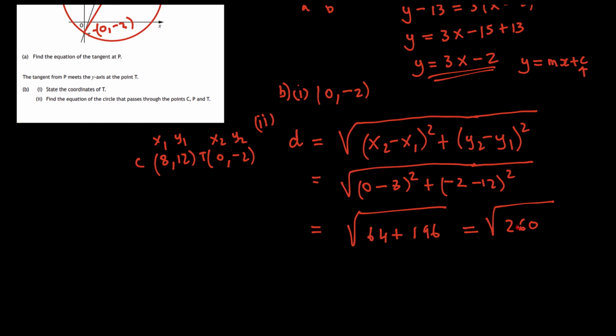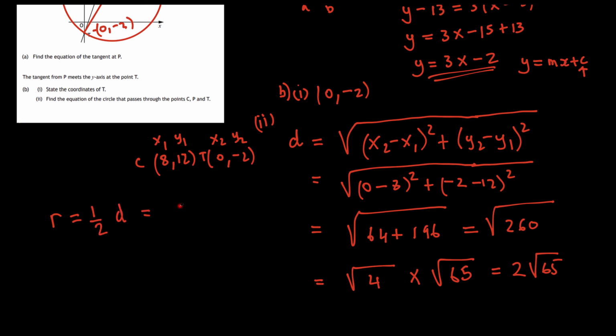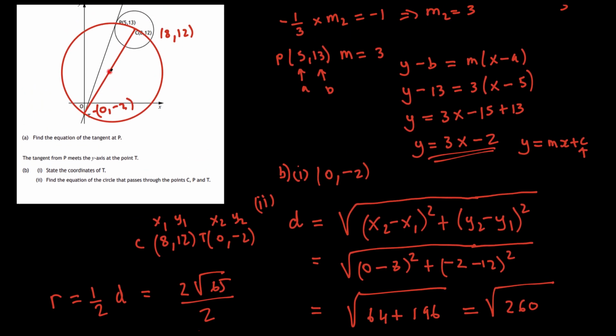I can simplify that: root 4 times root 65, which gives me 2 root 65. Remember, this is the diameter, and the radius is half of the diameter, so 2 root 65 over 2 gives me root 65. So that's my radius.